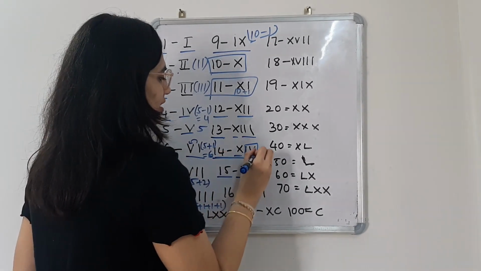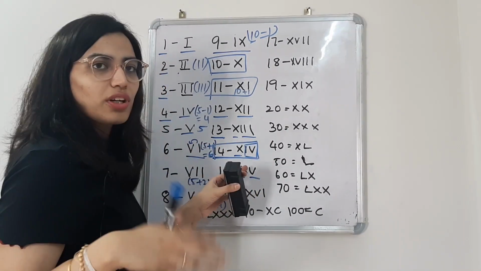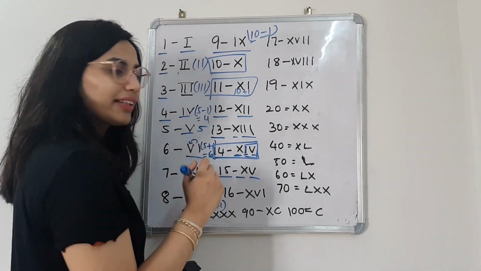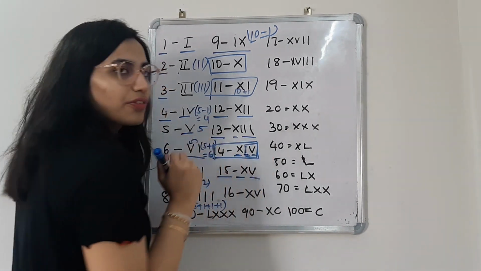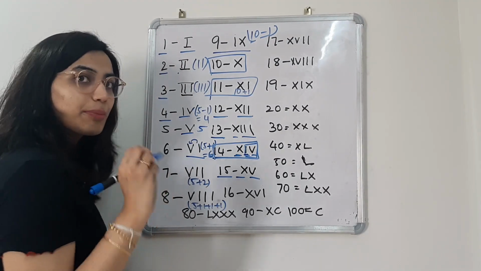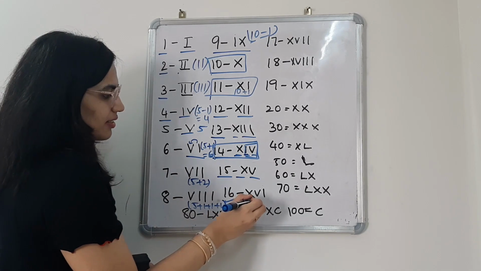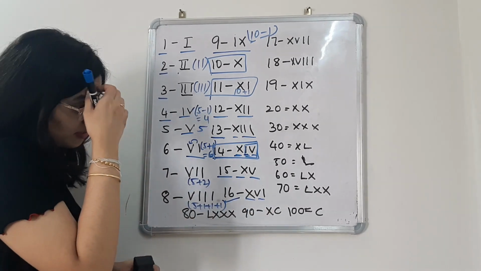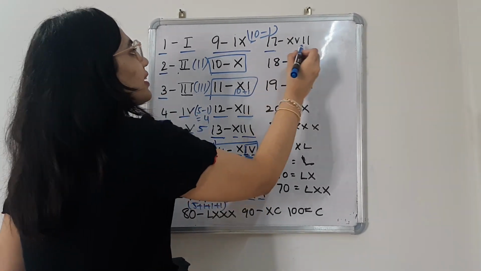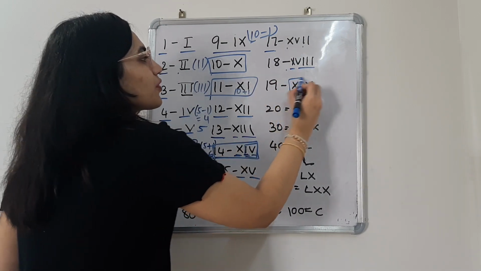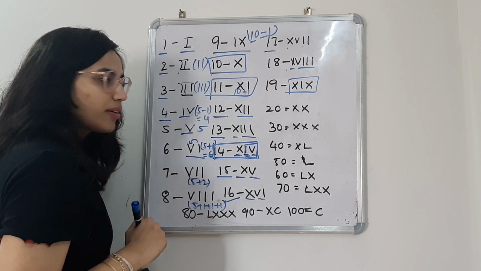And 14, this is another rule that I have told you, wherein a smaller value number is between the two Roman numerals, and then we'll be subtracting the smaller value from the larger value immediately following it. 16, that is 10 and 6, okay. Now 17, 10 and 7, 18, 10 and 8, 19 is also following the same rule as above.